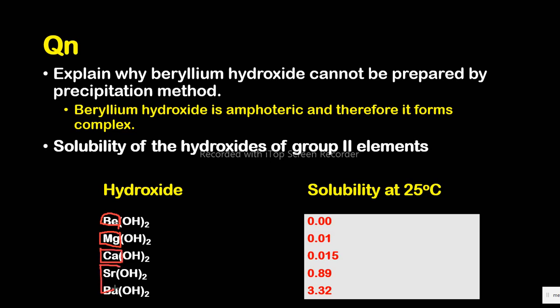To strontium, to barium, the same thing. The increase in size, therefore, decreases the lattice energy. And if you decrease the lattice energy, then what does that mean? The hydration energy will outweigh the lattice energy, which will lead to an increase in the solubility of a given hydroxide.